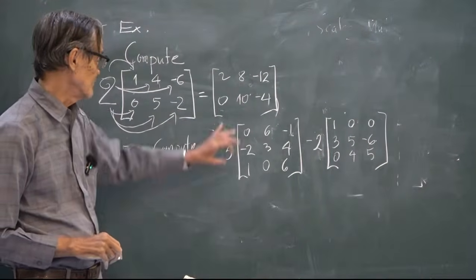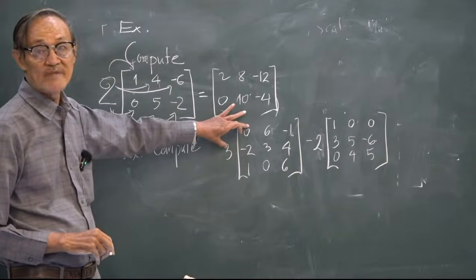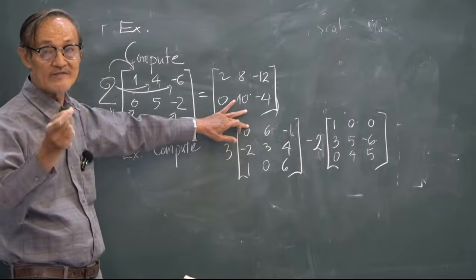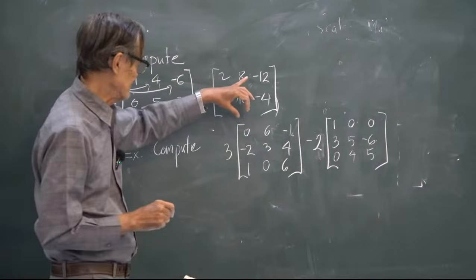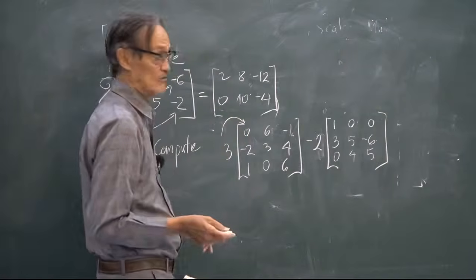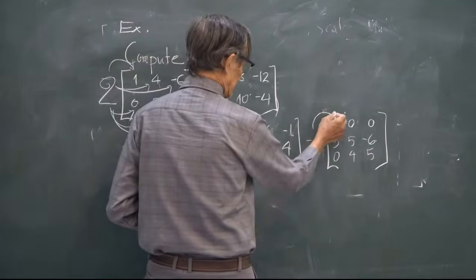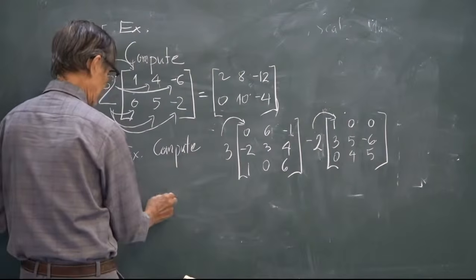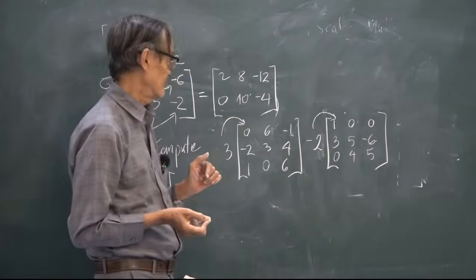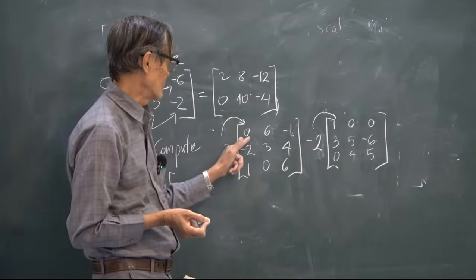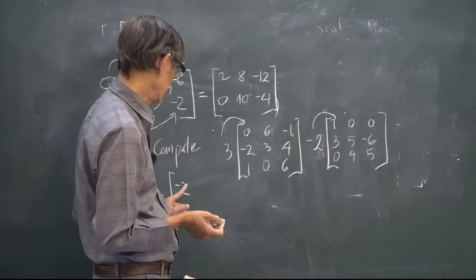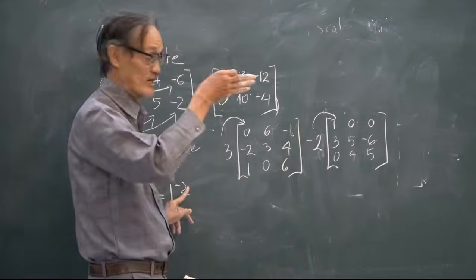Now, we make the operation of each element of two matrices. Here, 0. Here, minus 2 is minus 2. Okay? Row 1, column 1. We write on row 1, column 1.